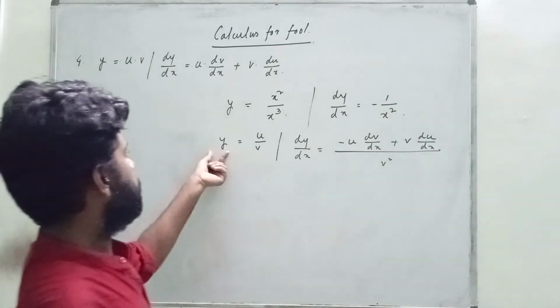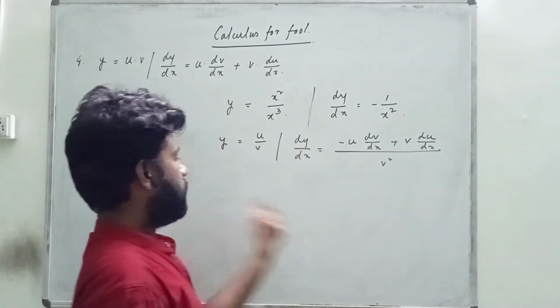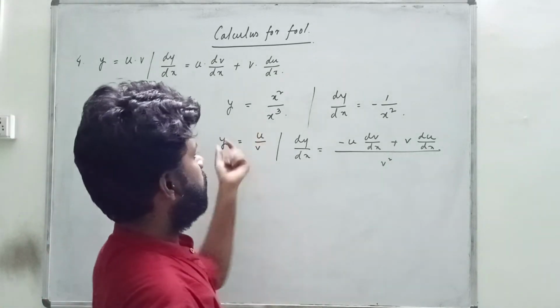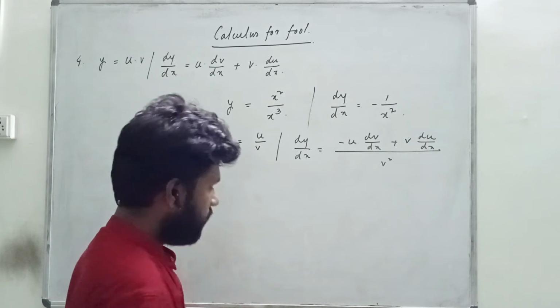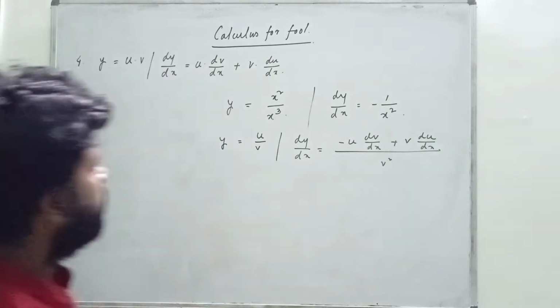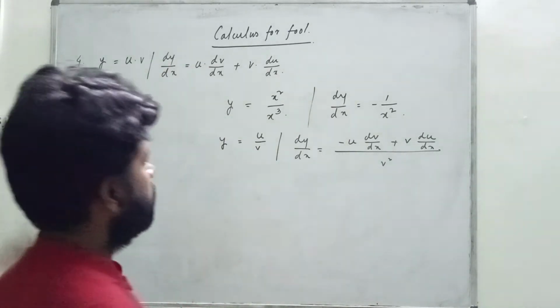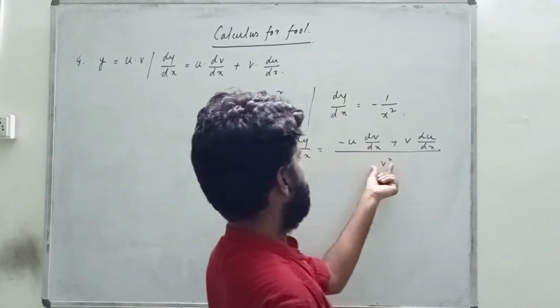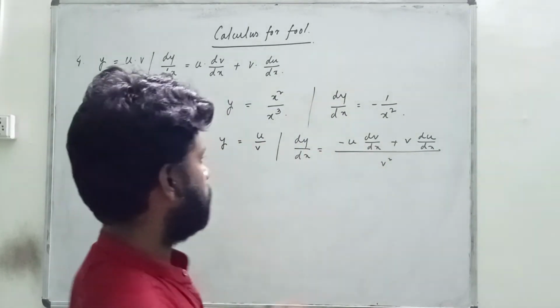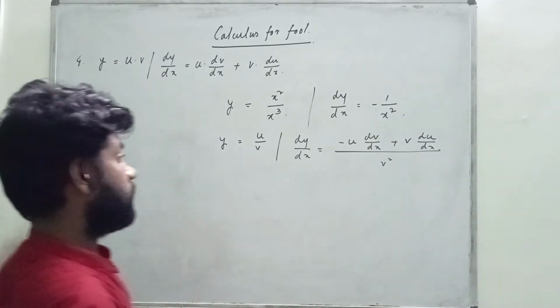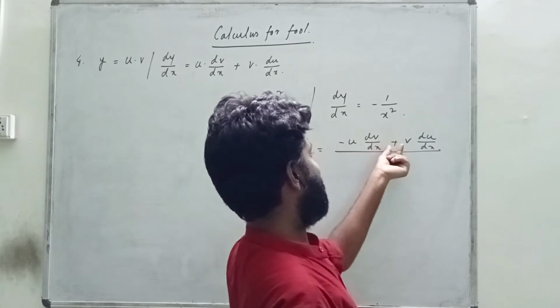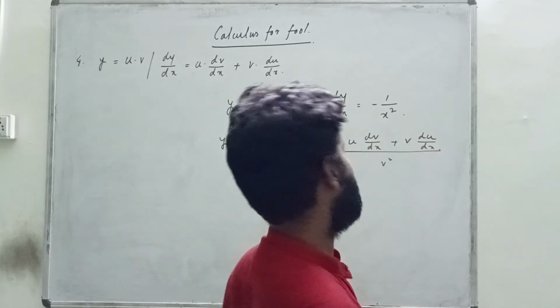So now if y equals u by v, we get a crucial formula: dy dx is the whole division with v squared in the denominator, and in the numerator minus u dv over dx plus v du over dx.